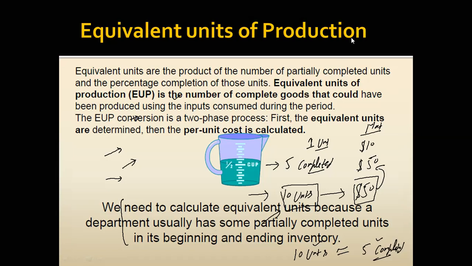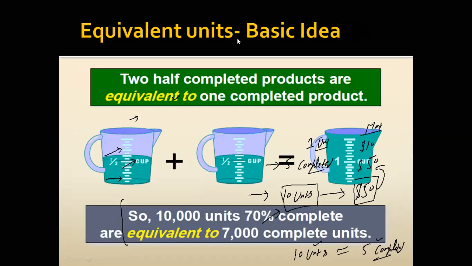Now I'll give you one more example to develop your understanding of the meaning of equivalent units of production. Then we will go for the calculation part. Students, you can say that two half glasses of water or two half cups of water are equivalent to one complete cup of water.